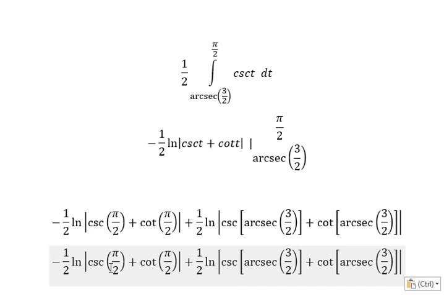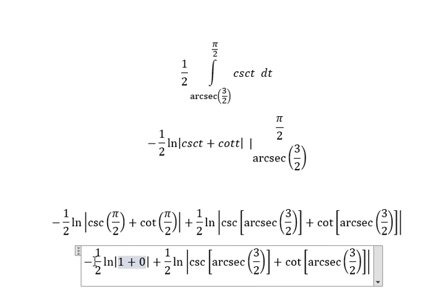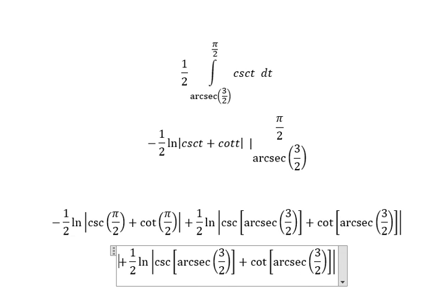We know that cosecant of pi over 2 gives 1, cotan of pi over 2 gives 0, and ln of 1 gives 0 in here. And this is the final answer.